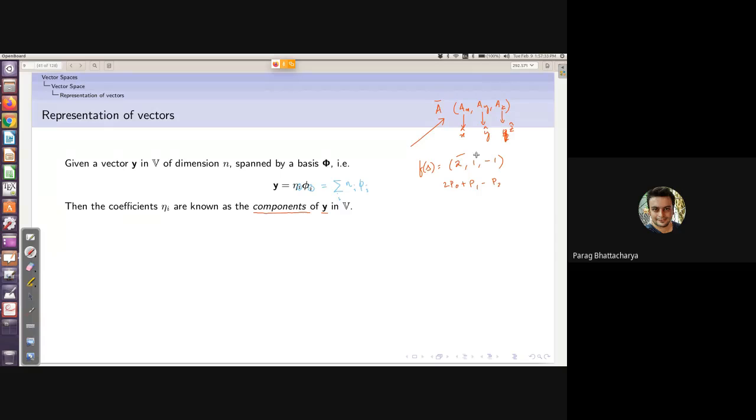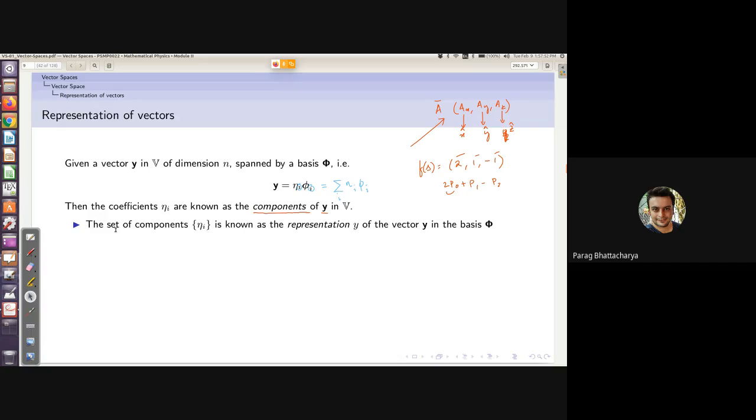These are your components. Whatever coefficients you multiply with the basis vectors, the set of such coefficients is known as the components of that particular vector.